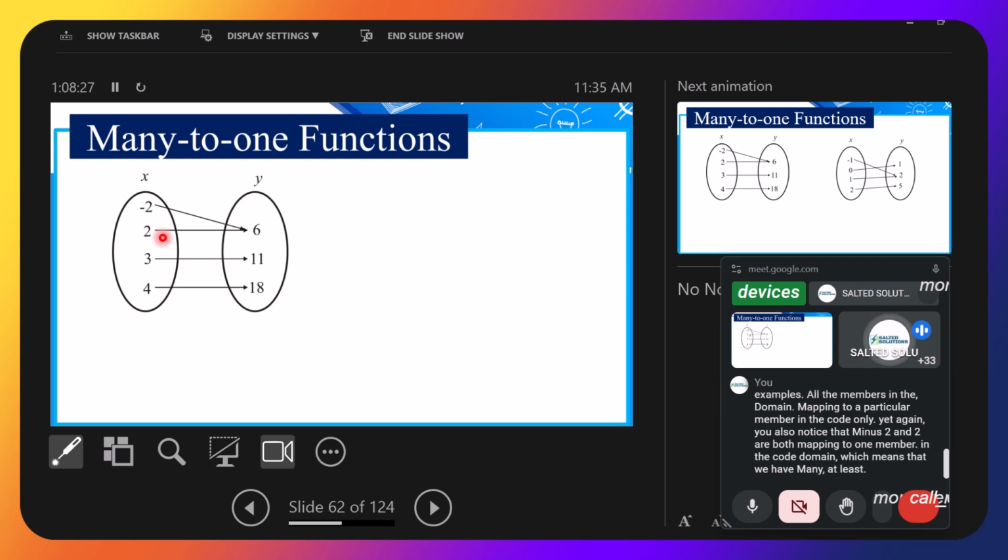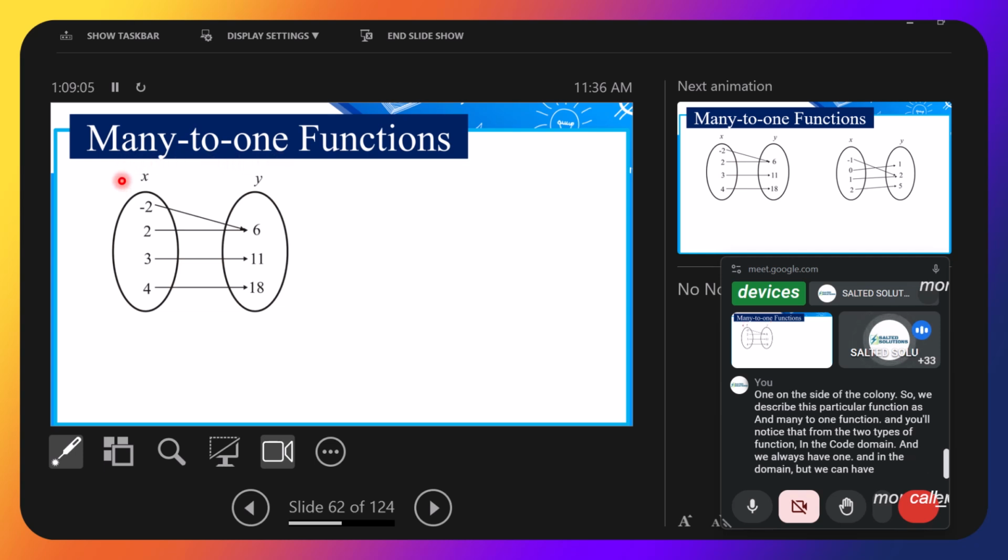So many on the side of the domain mapping to 1 on the side of the codomain. So we describe this particular function as a many-to-one function. And you notice that from the two types of function, in the codomain end, we always have 1. And in the domain part, we can have one or many.